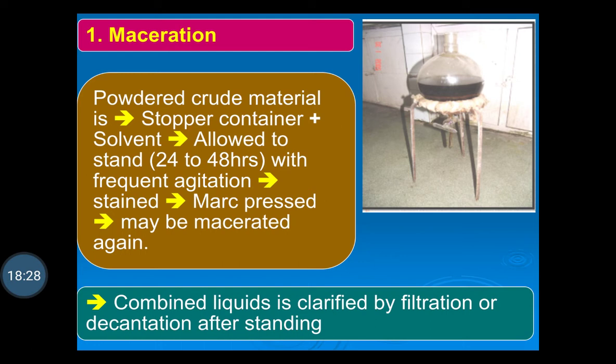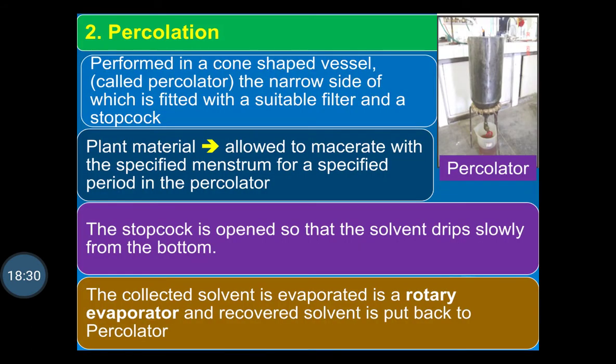Next one is the percolation. In this case, the percolator is used. The crude drug is reduced to a coarse powder. This percolation is performed in a cone shaped vessel as shown in the figure, called the percolator, the narrow side of which is fitted with a suitable filter and stopcock.